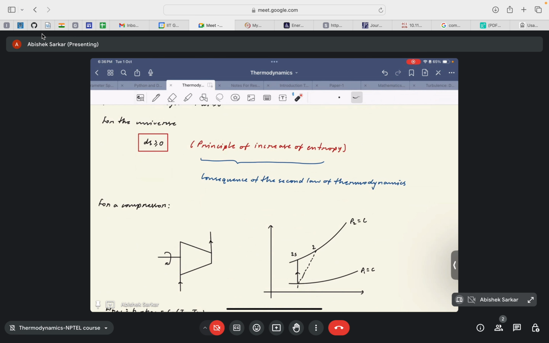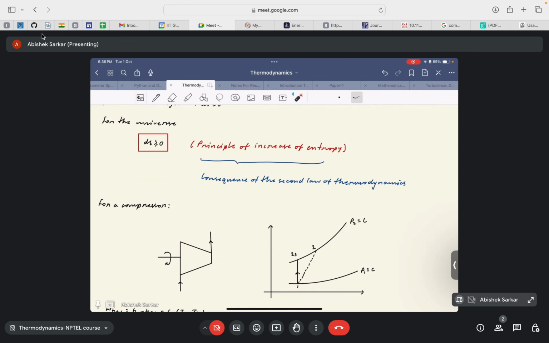So the net sum of the increase in the entropy because of the pumping out of the heat from the room would be greater than the net reduction in the entropy of the room because of the functioning of the air conditioning.